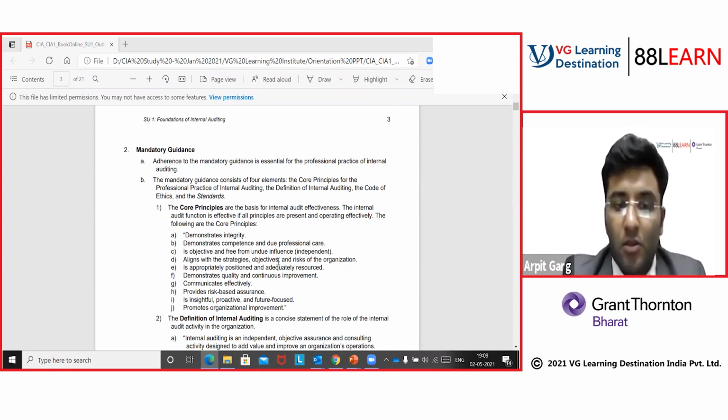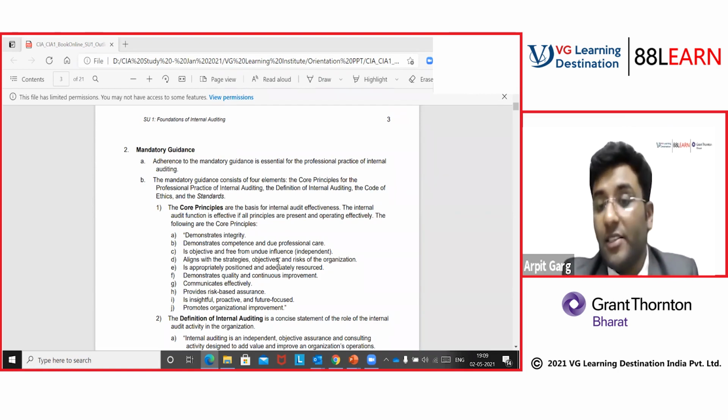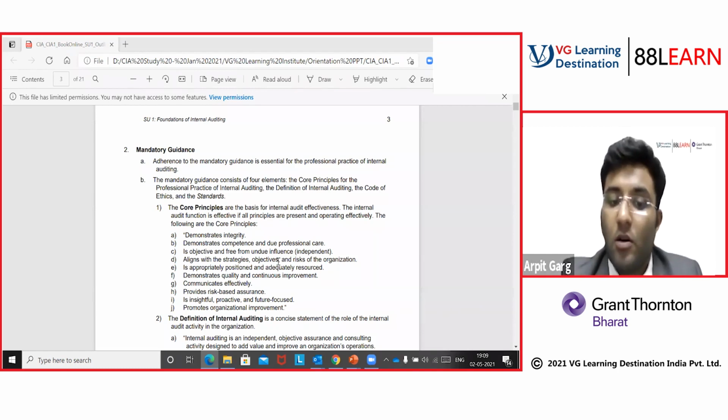Vishal is asking how it is different from promotes organizational improvement, which is, in fact, a very good question. All these core principles together tell you that the overall internal audit activity is effective. When it says insightful, it is talking about the insights of the process.